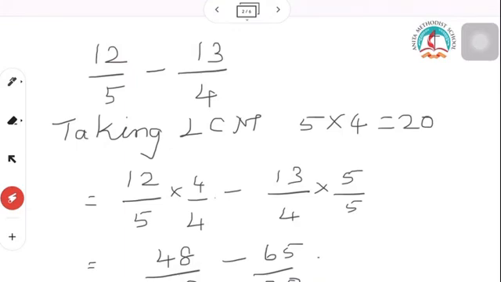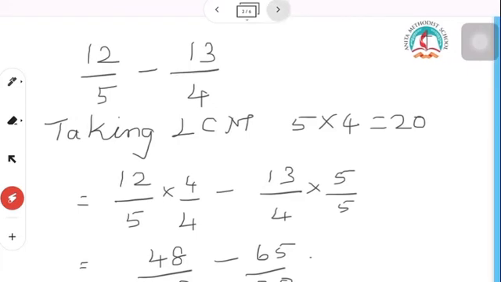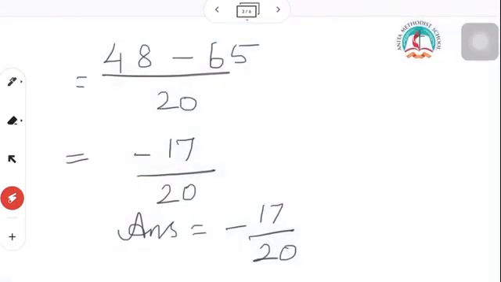So, 12 4s are 48, 5 4s are 20. 13 5s are 65, 4 5s are 20. Now see the denominators. The denominators are same. Now what to do? You have to subtract. Okay, children? 48 minus 65 by 20. So you get minus 17 by 20. Okay, children? Understood?